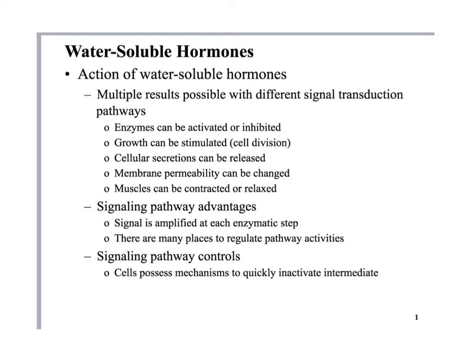Enzymes within the cell can be activated or inhibited. Growth can be stimulated or inhibited. This goes to your diversification of response. You can increase cellular secretions. So if cellular secretions can be released, give me an example.